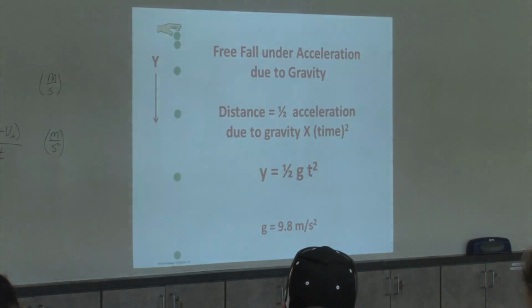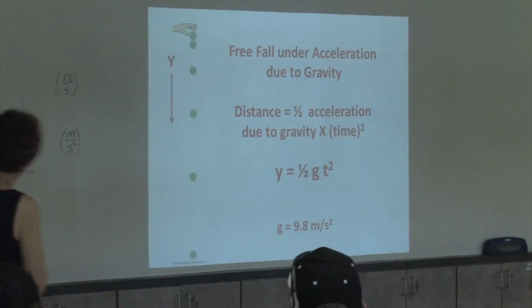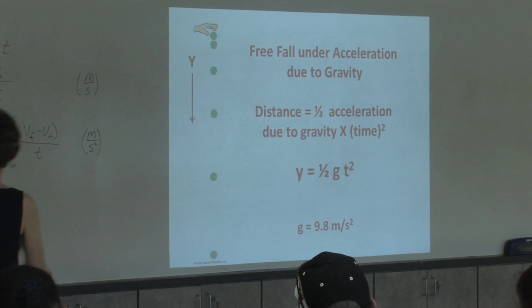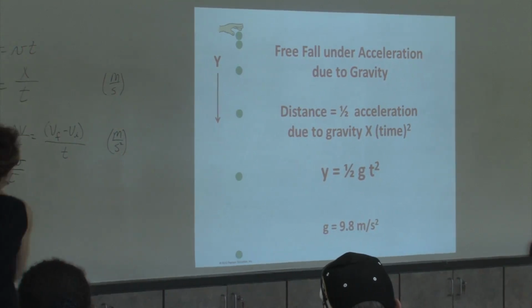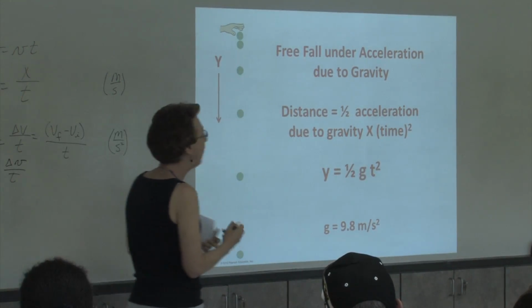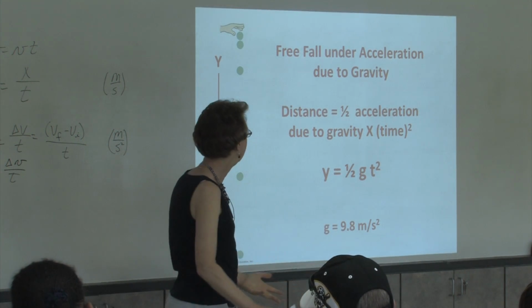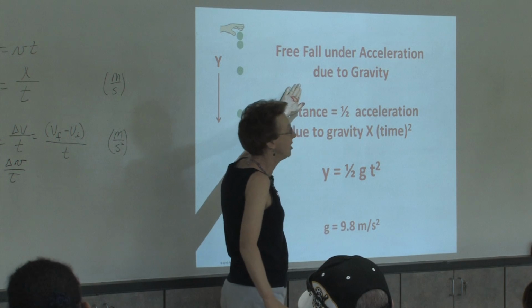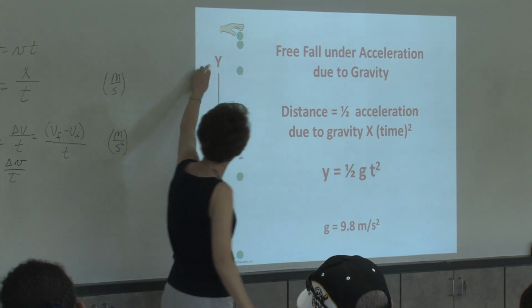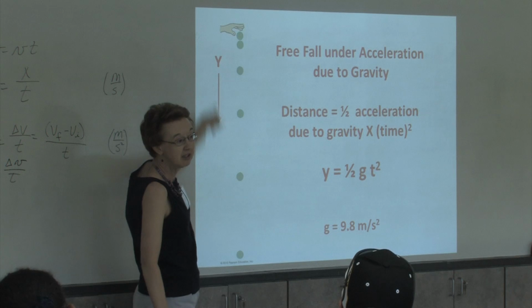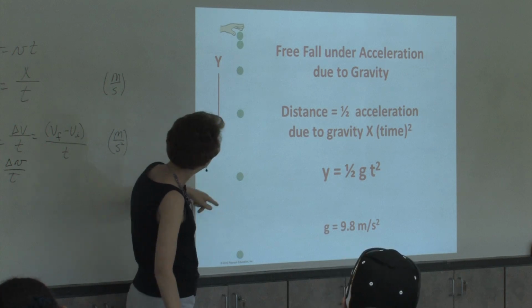How about this? The third important equation is going to be this one here. That is, how far does something fall over a period of time? Free fall under acceleration due to gravity. And notice I'm using y because it's in the downward direction.